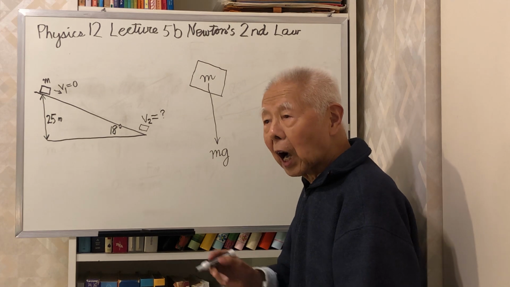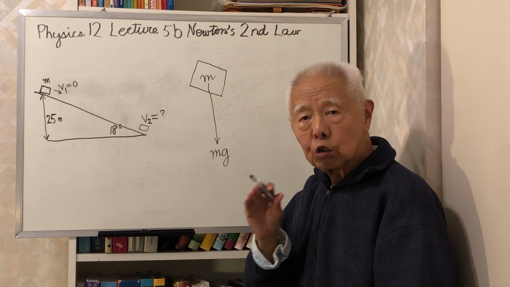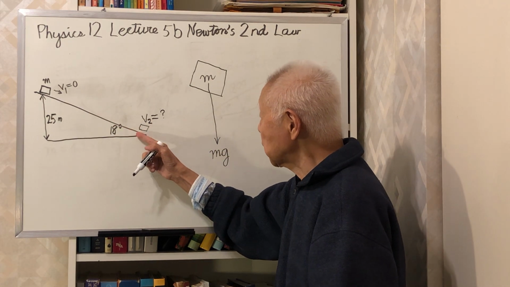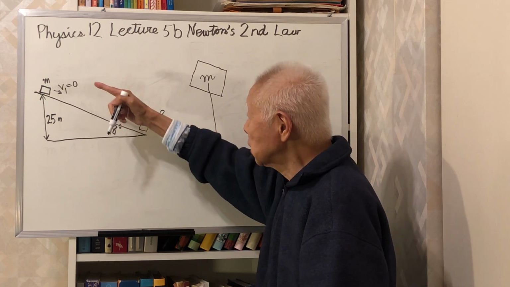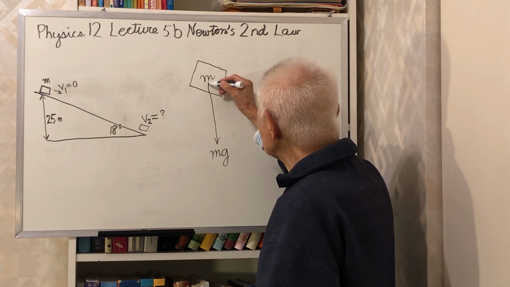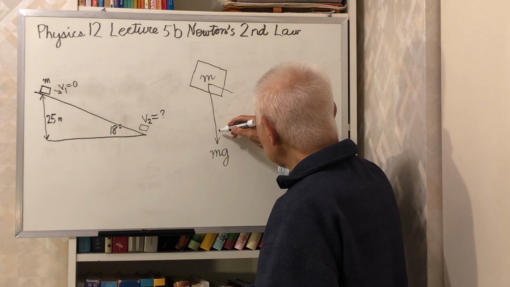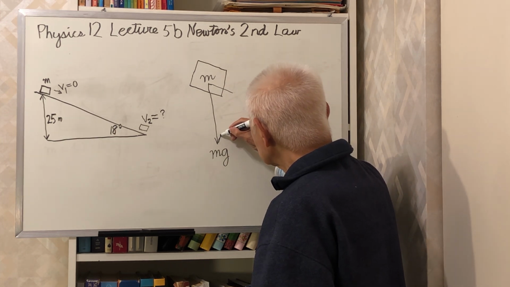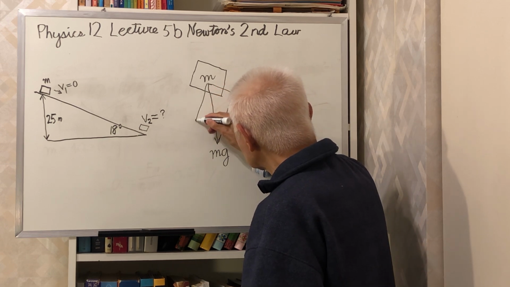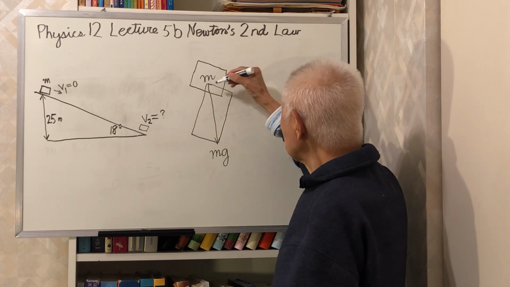Next, I want to resolve this force of gravity into two components. One is parallel to the inclined plane, another one is perpendicular to the inclined plane. To find the components, I draw a rectangle.